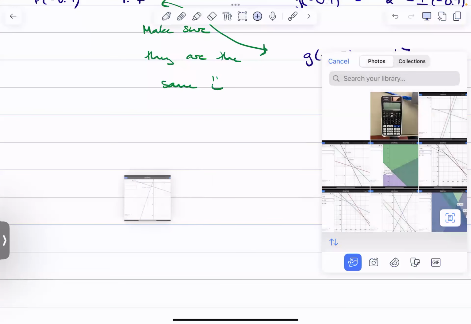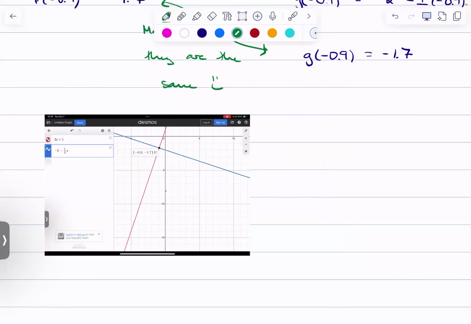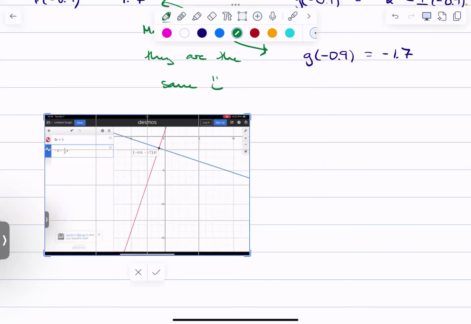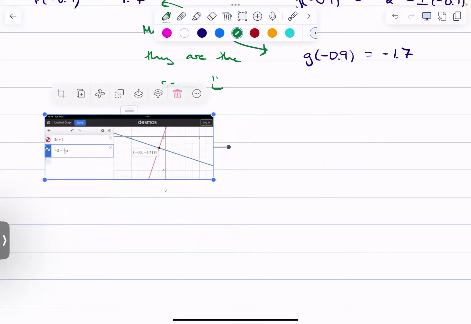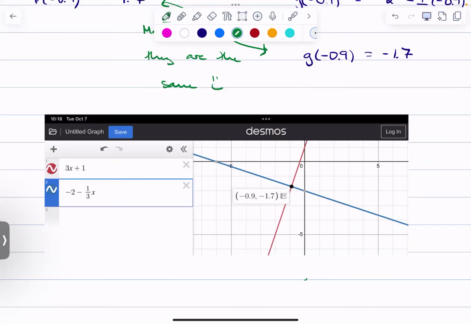And there. Crop this up a little bit. Well, nice. And what's this? There. So we did it, found the intersection.